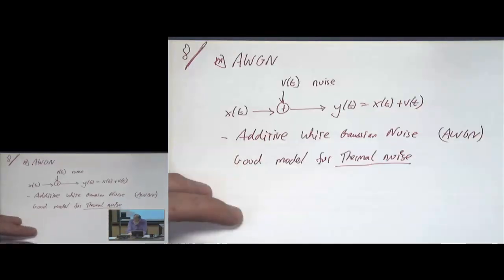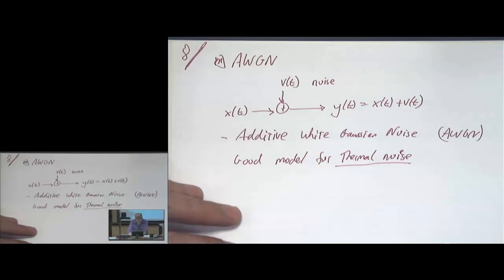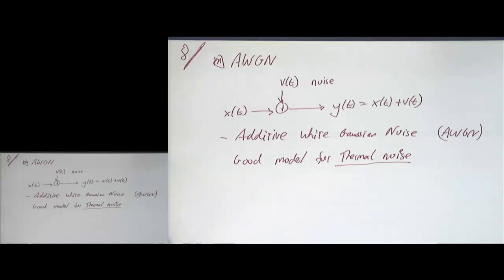This kind of impairment can be added anywhere. It's added to your signal at the transmitter, and it's also added to your signal at the receiver. At the transmitter, the signal level is very large, because you're sending signals with a milliwatt or a watt of power, so it's large relative to the noise power.